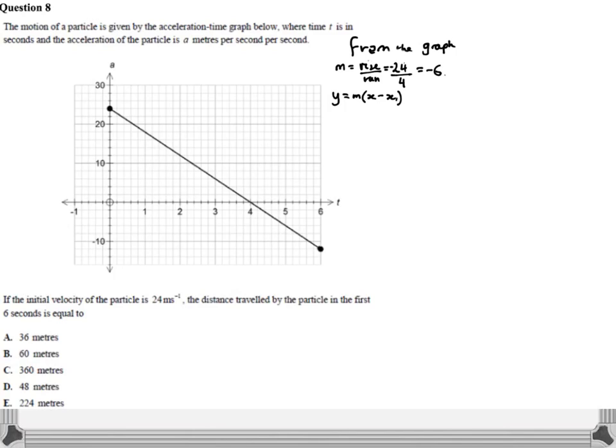You can examine that by seeing how many units in rise divided by how many units in run, and then we're going to use this formula. This is the formula for working out the equation of a straight line. Substitute m equals -6 and taking a point such as this point here, when x is 4, you have y equals 0.